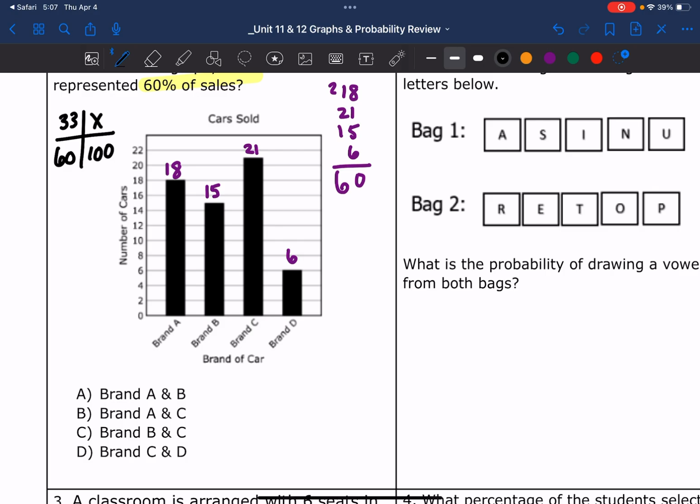And here, what we would do in this case is we would cross multiply: 60 times X equals 33 times 100, okay? And that would be 3,300. You divide by 60, you get your answer. If it is going to be 60%, then you got the correct answer.